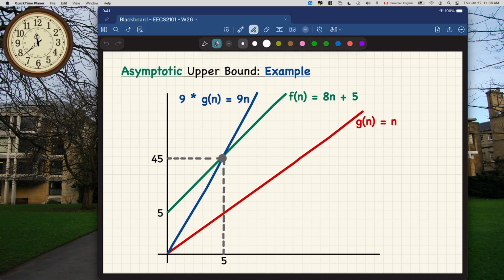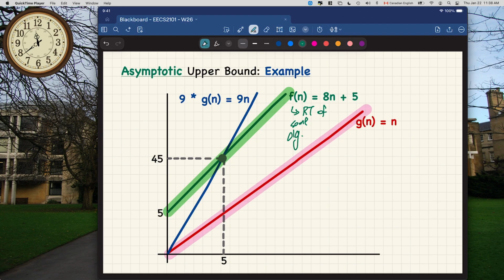Let's start with the algorithm that we have. Right? So this is the running time of some algorithm. And then our goal is to show that, you can think about this guy here, is the reference function. Okay?